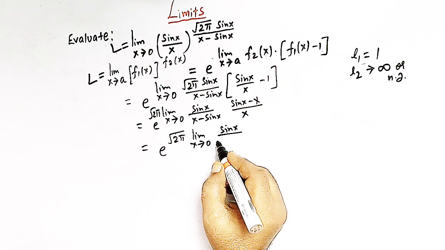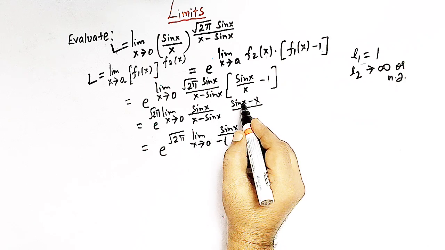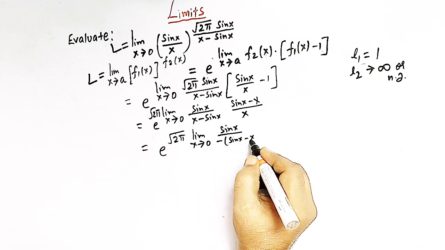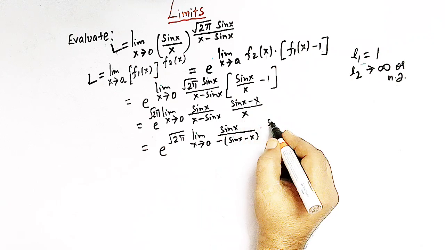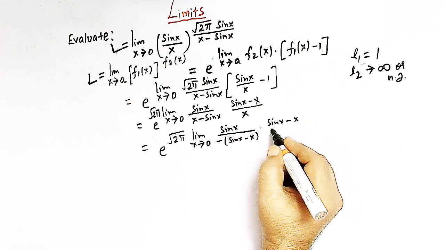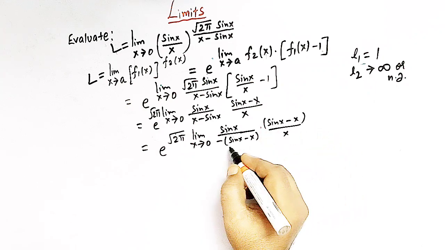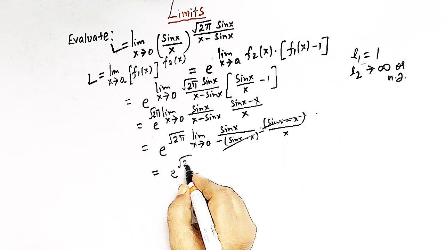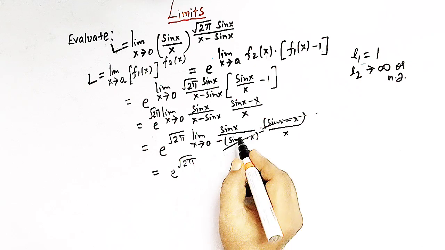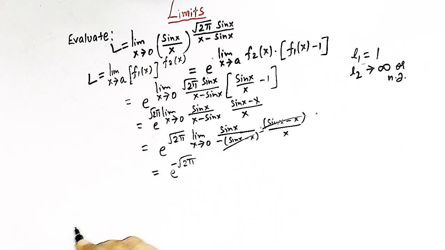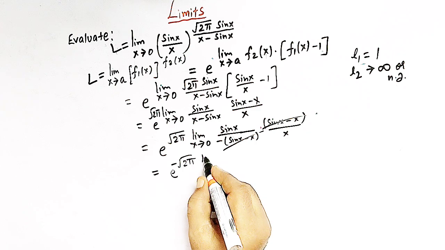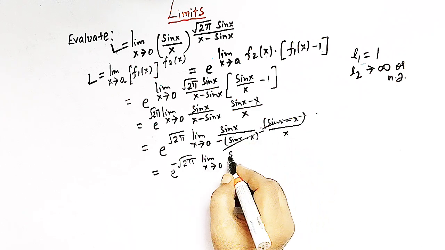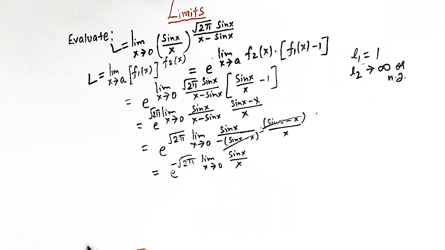So let us take a negative sign common so that these two terms get cancelled. So we have sine x minus x, and here we have sine x minus x divided by x. So these two terms get cancelled. So we have e raised to square root of 2 pi, and this negative sign can be taken over here, and we have limit x tends to 0, and we are left with sine x over x, right?